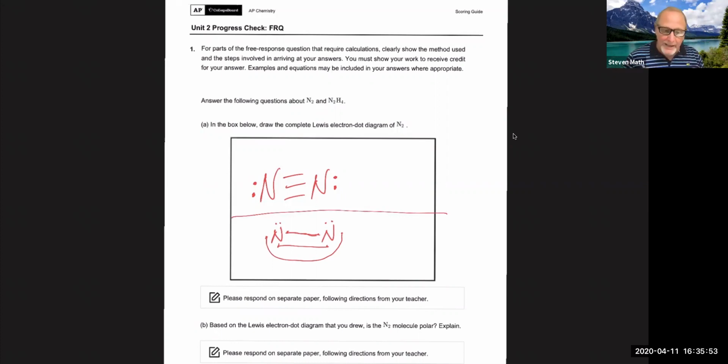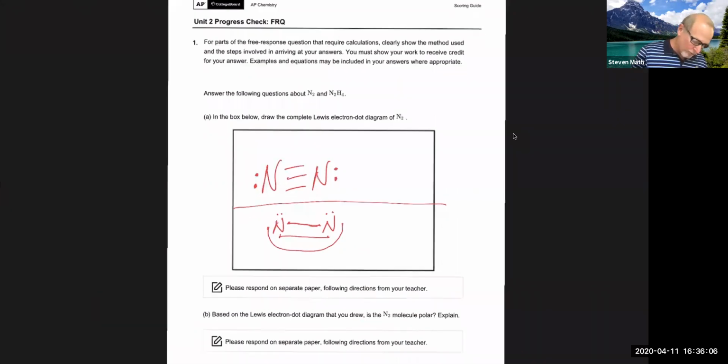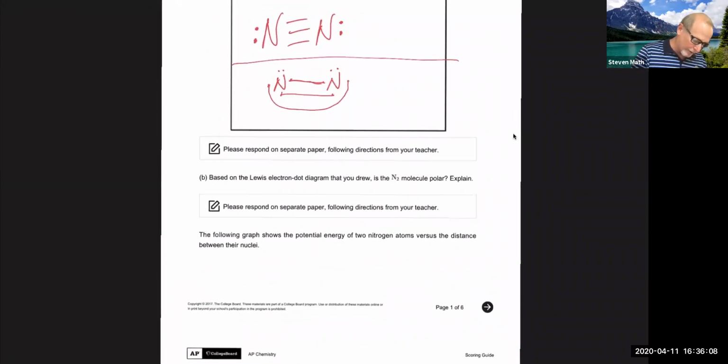Now, B says, based on the Lewis electron dot diagram that you drew, is N2 polar? This is one of the few cases, kids, where we have lone pairs on the central molecule. And the answer is this molecule is non-polar.